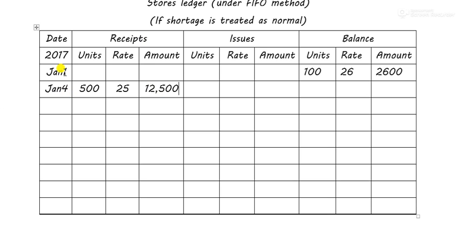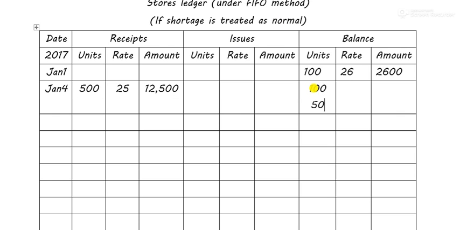Next, we first record the balance before issuing: 100 and 500 kg, at 26 and 25, amounting to 2600 and 12,500.